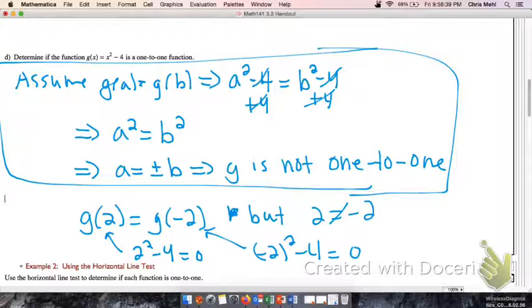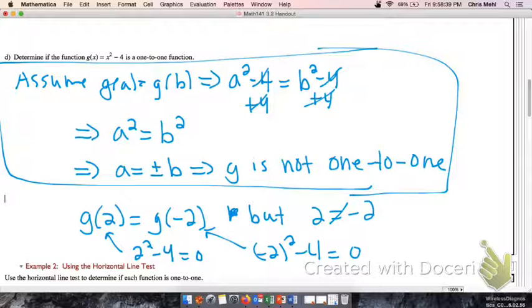But this whole process right here is the process you use to show that a function is or is not 1 to 1. So if you set g of a equal to g of b, or f of a equals f of b, you do the algebra. If you can show that a is identically b, the function would be 1 to 1. But in this case, a could be either b or minus b, hence g is not 1 to 1.